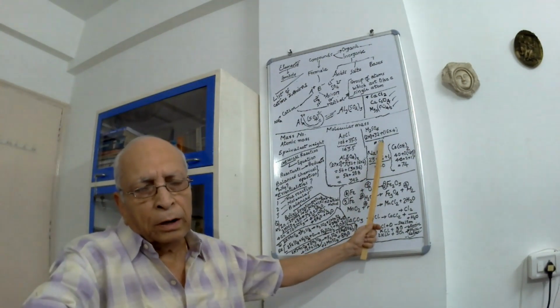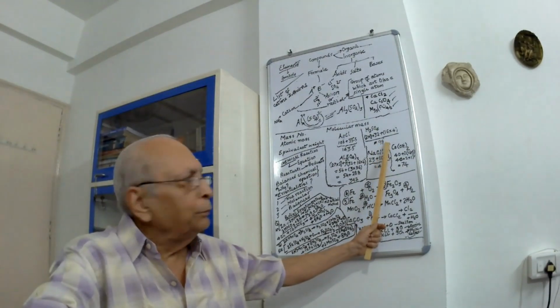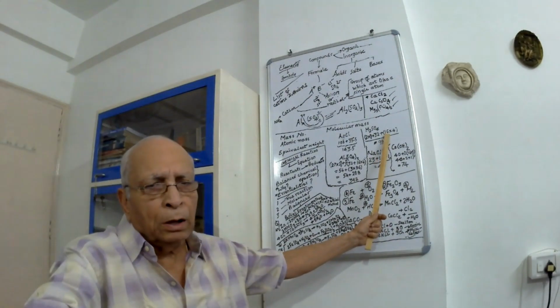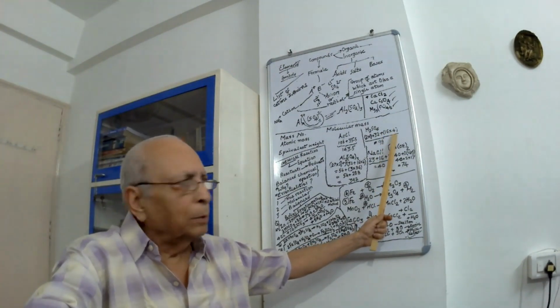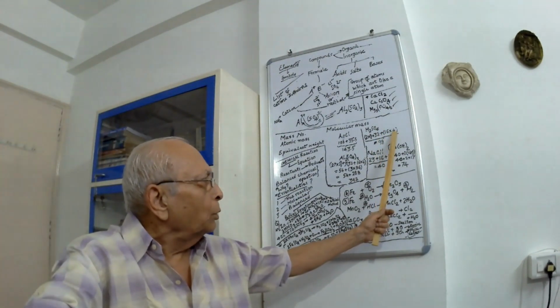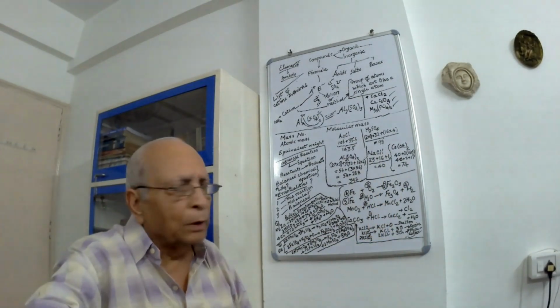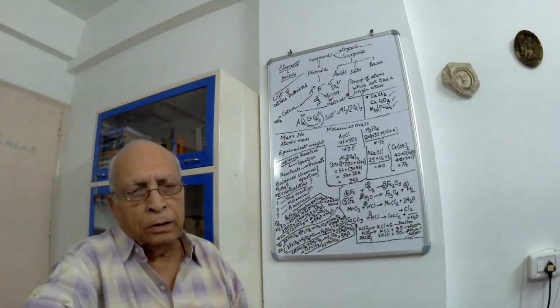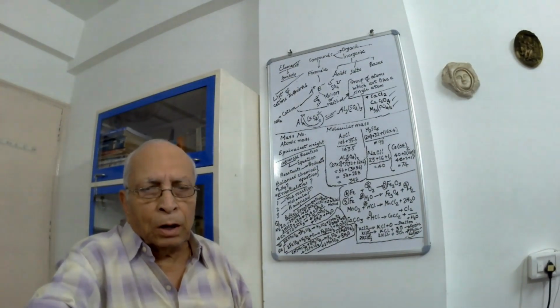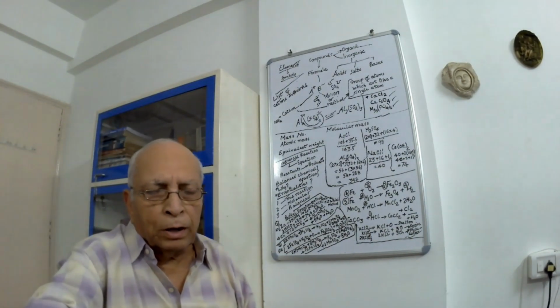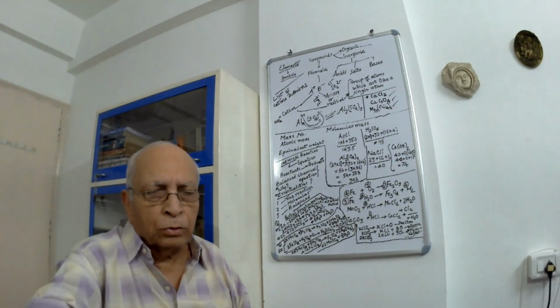Rounding it up, you get 32. Oxygen is 15.999 something. You may take it as 16. And since 4 oxygen atoms are there, we multiply by 4. Add them up the way it is written. You get 98.